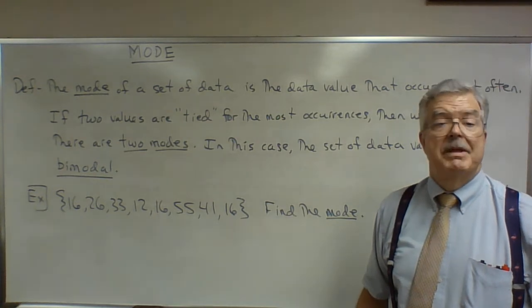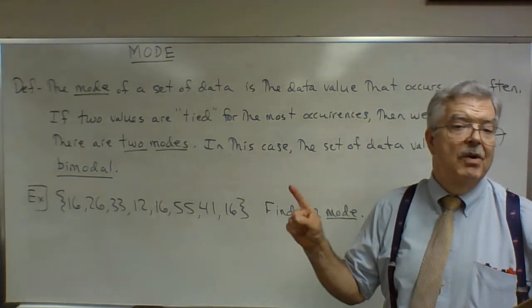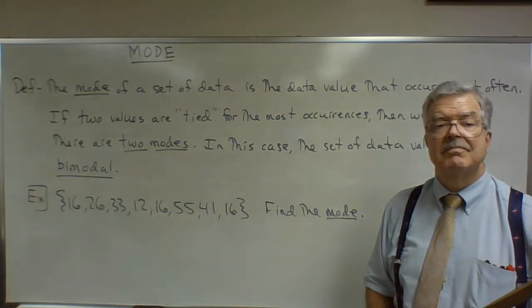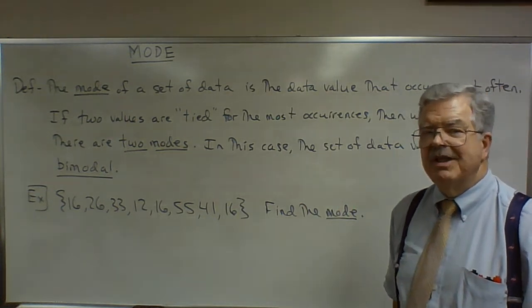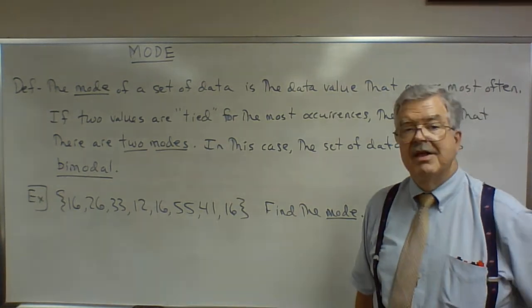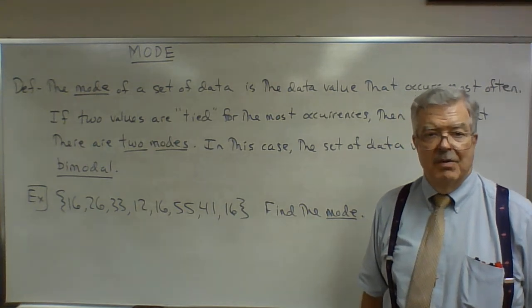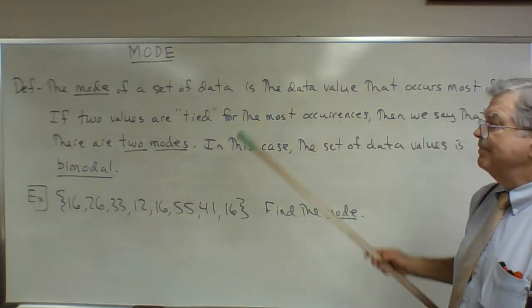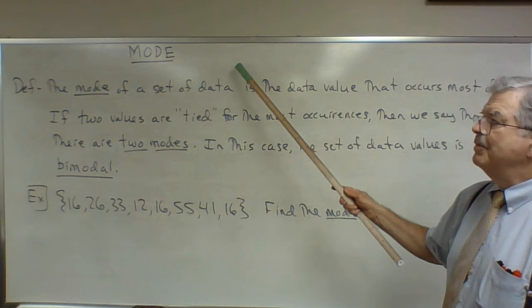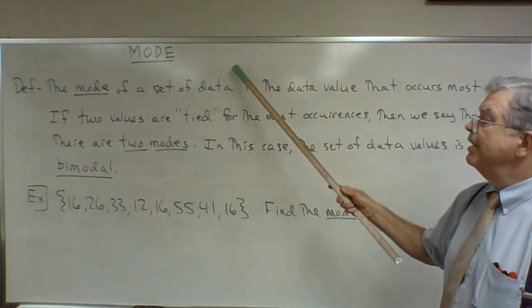The set of data would be bimodal, and so there would be 2 modes, Ford, Kia. And this would give us an idea of what's average or typical as far as types of automobiles that people own. But that's the last time I'm going to mention data sets that aren't numerical.